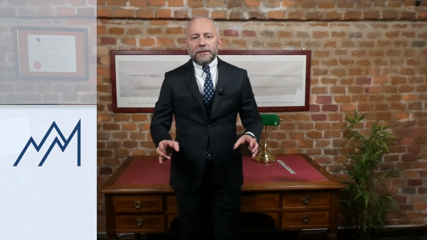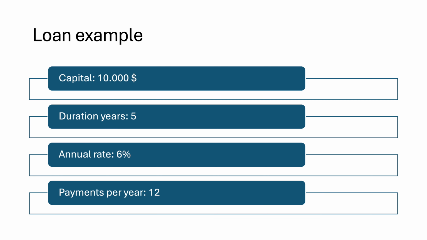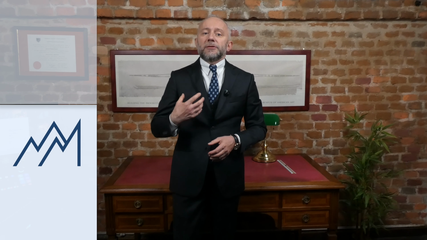Think about it. Taking out a $10,000 loan at a 6% annual rate for 5 years. The bank prepares a schedule where each monthly payment is the same, but inside each payment you will find two parts. The principal portion, which increases over time, and the interest portion, which decreases.